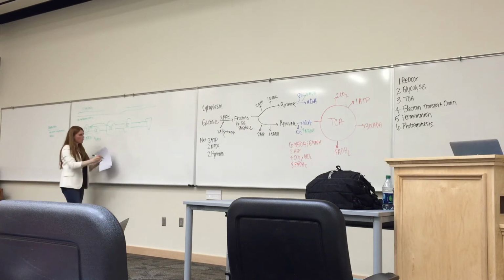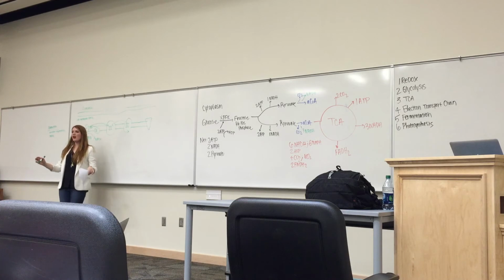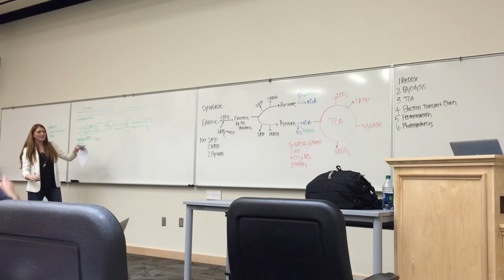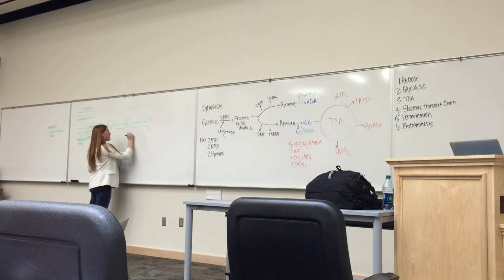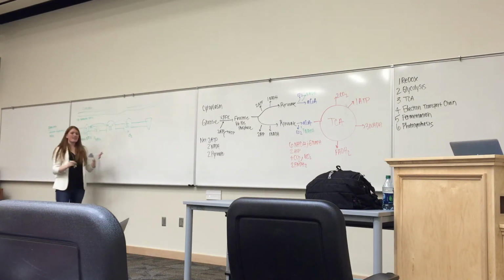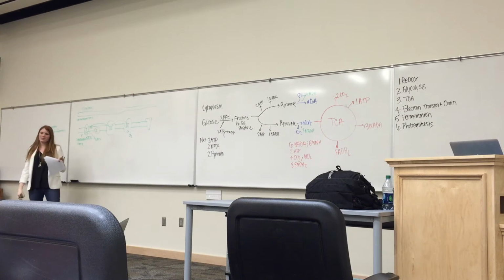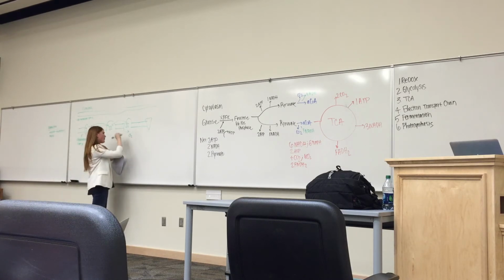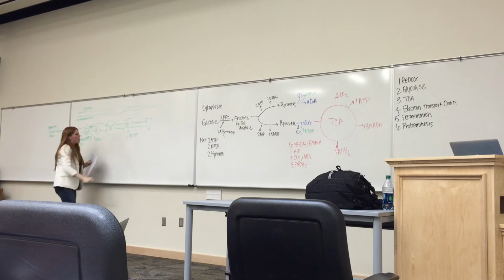And the electron will then go to complex 4, where it will go to cytochrome C. Oh, it's going to go to oxygen, right? Yeah, so we have our oxygen here. Oxygen is the ultimate electron acceptor in this whole process. So oxygen will receive an electron.